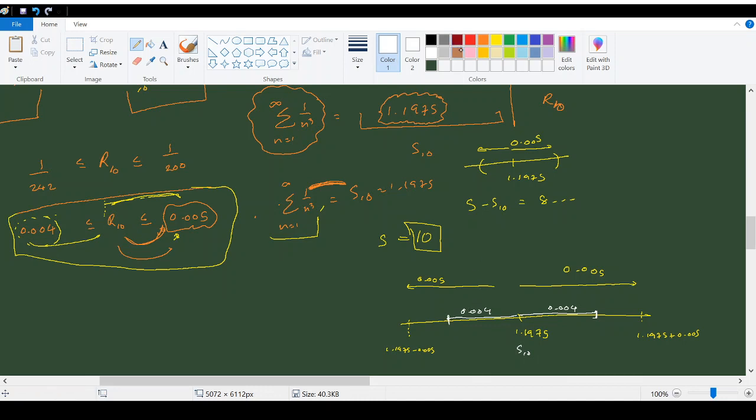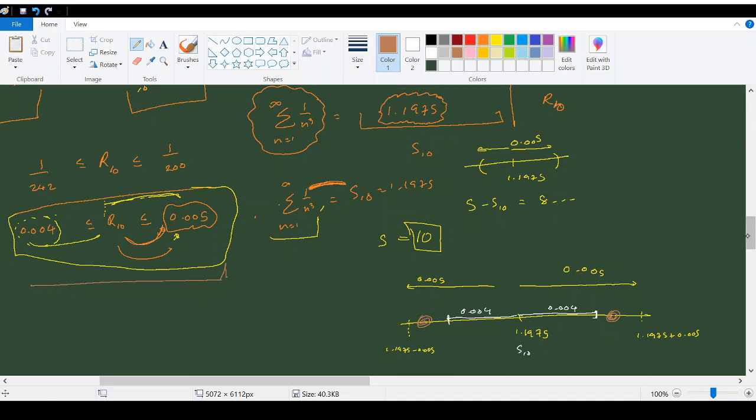So the actual answer must lie within one of these two regions. That's the importance of this inequality of the remainder.